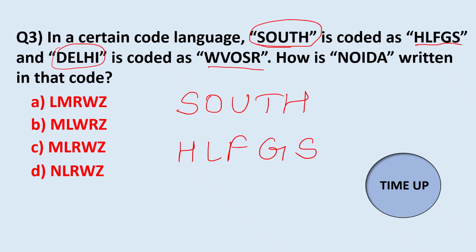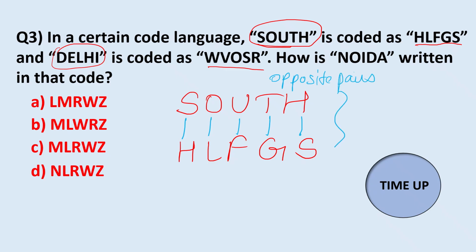So what is happening here? Can you think of it? See, these are the opposite pairs. S opposite is H, O opposite is L, U opposite is F, T opposite is G, H opposite is S. So here the logic applied is opposite pairs.